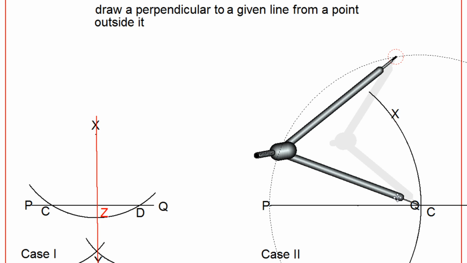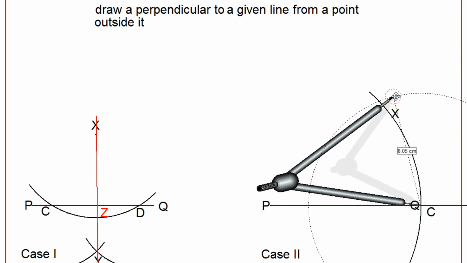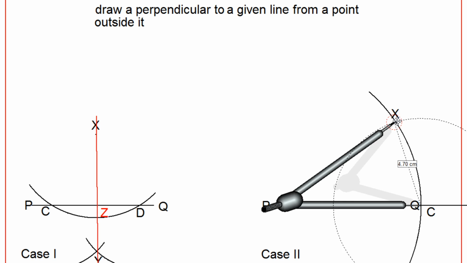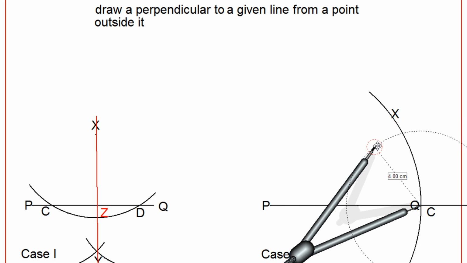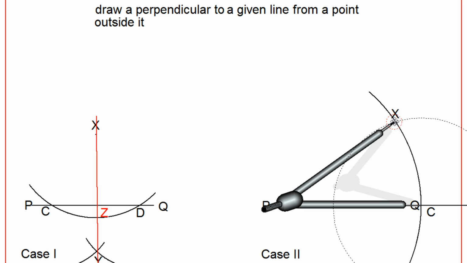So I am putting the compass exactly at this point C, and you have to make PQ as the radius. This was my point, where was that red marking? This was the point, the earlier point. Now you draw an arc.